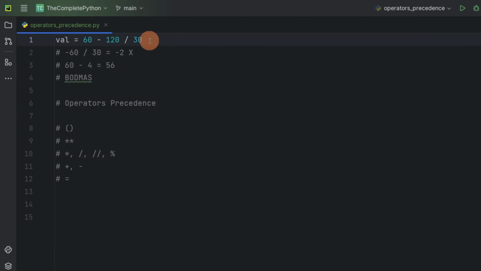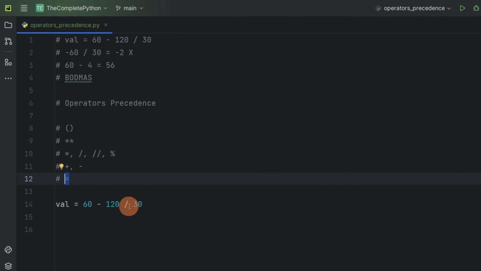Now let's try to solve this expression using operators precedence in Python. In this expression, we are performing an assignment operation, subtraction and division. Among these, notice division has higher precedence than subtraction and assignment.